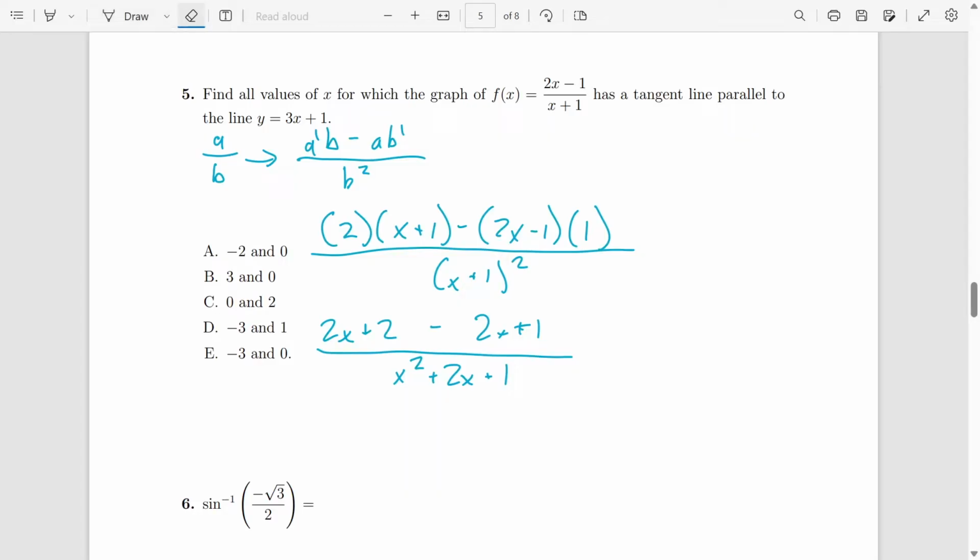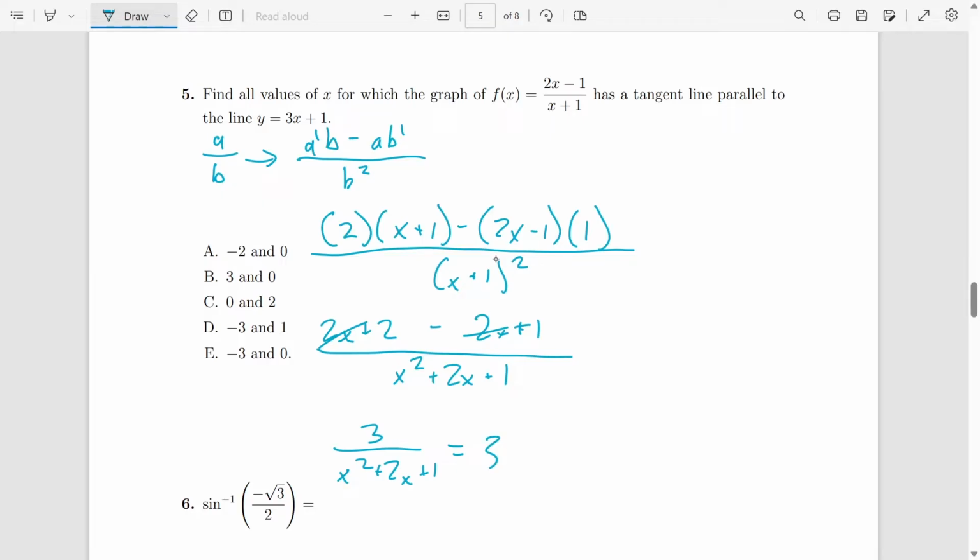We can simplify the top further to 4x. No, not 4x. Actually, these two x's cancel each other out. So this becomes just 3 over x squared plus 2x plus 1 equals 3.